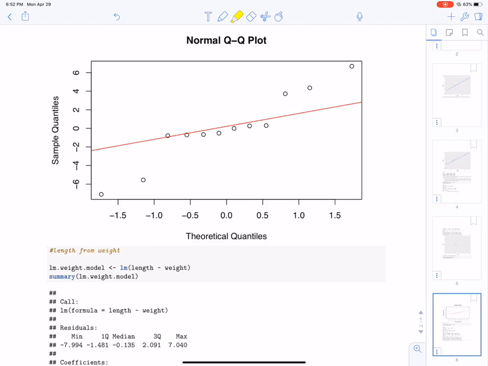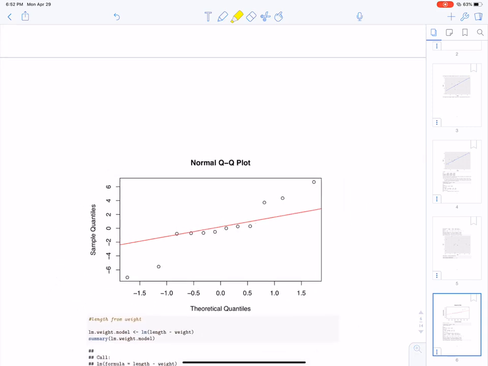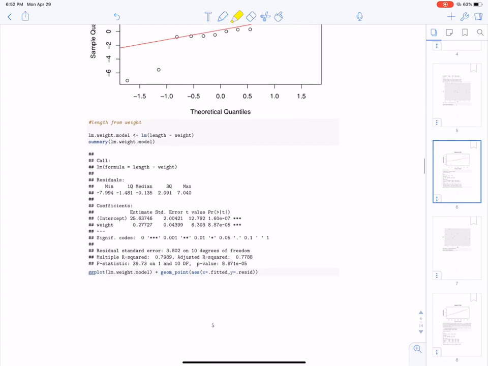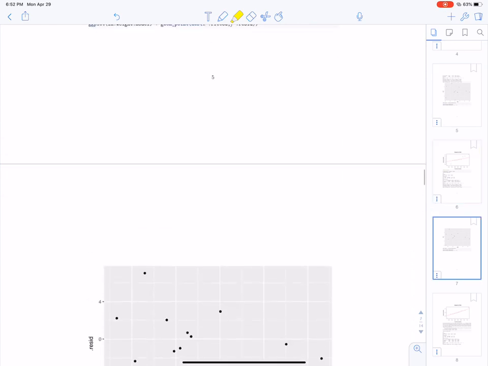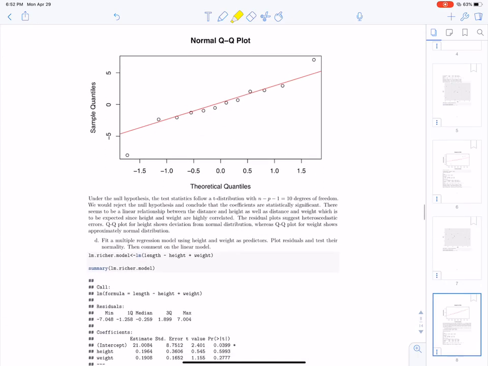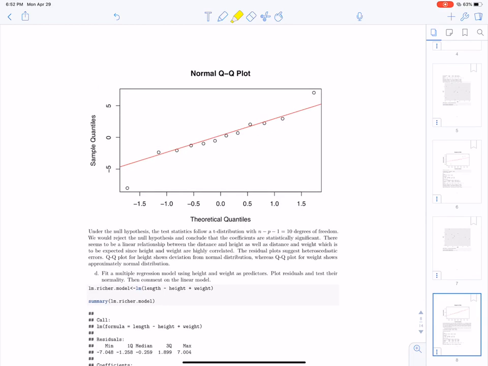I would possibly transform one of my variables so that I didn't have these tails that weren't following the normal, but then that would compromise the interpretability of the model, so not sure. And we can similarly do it for length on weight, and it also says that we can reject the null. This has a better fit of the residuals.